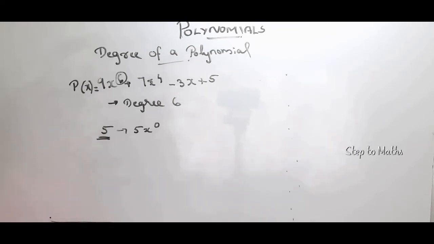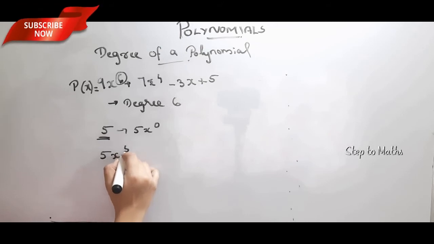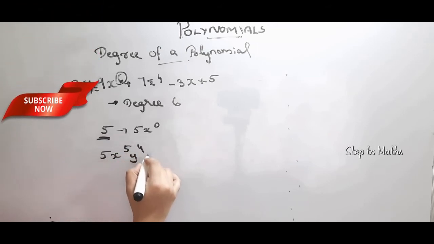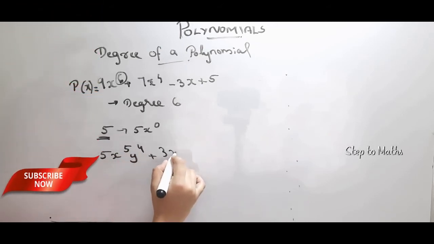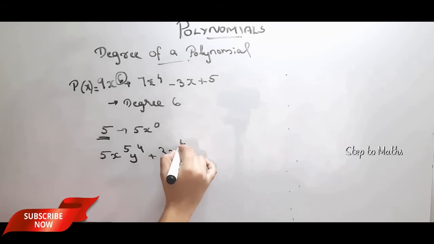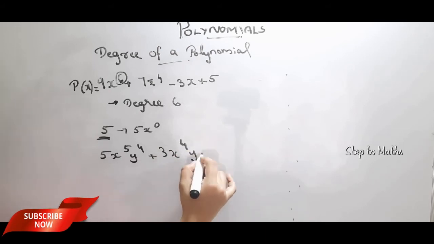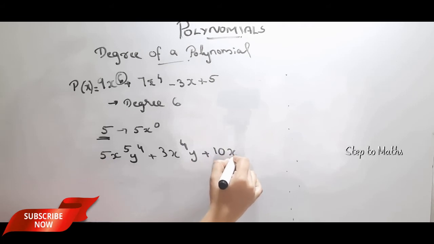Now what is the degree of a polynomial with more than one variable? Consider a polynomial 5x raised to 5 y raised to 4 plus 3x raised to 4 y plus 10xy.